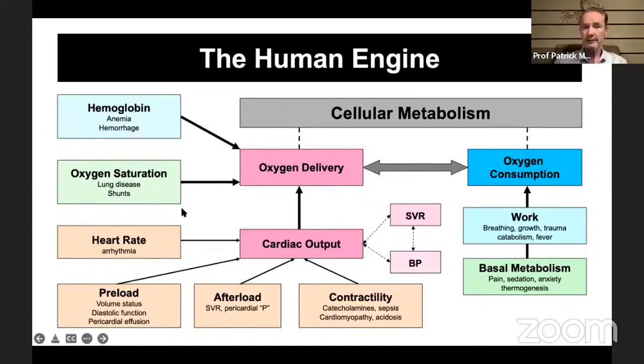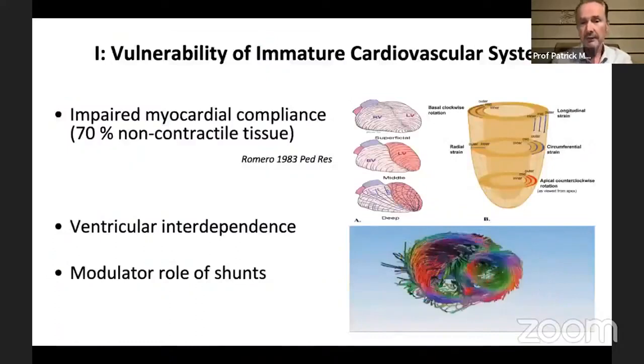Oxygen delivery is dependent not only on adequate cardiac output, but having lungs that are well recruited. And if we change the paradigm from a cardiovascular perspective to the importance of tissue oxygenation, heart rate, preload, afterload, and contractility are incredibly important determinants of cardiac output, yet are very difficult to identify clinically.